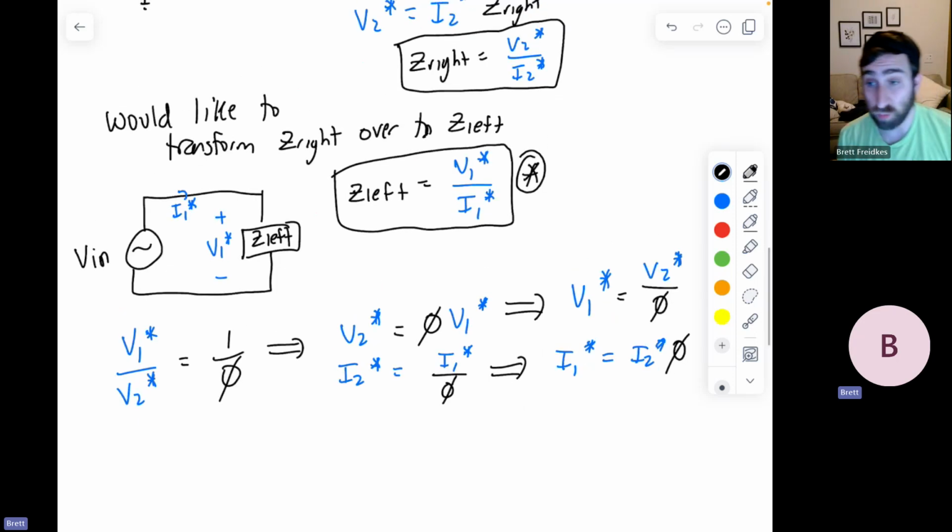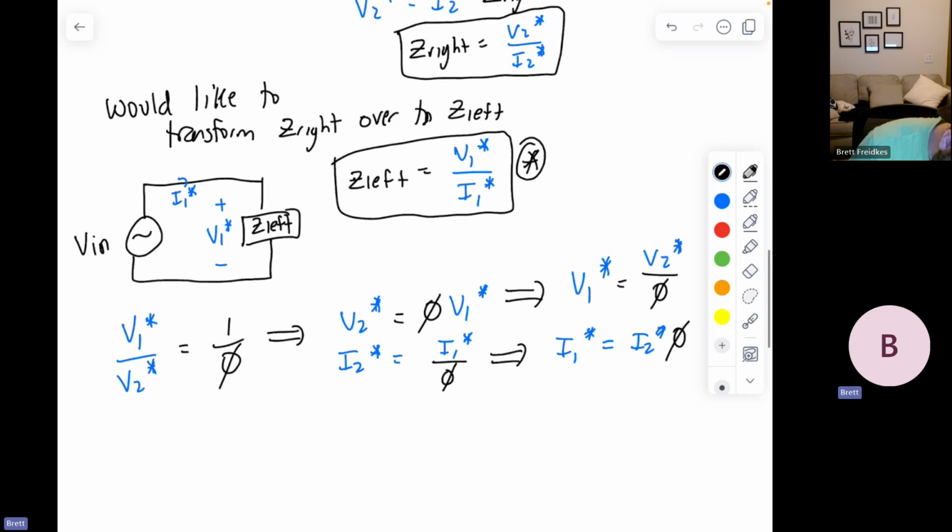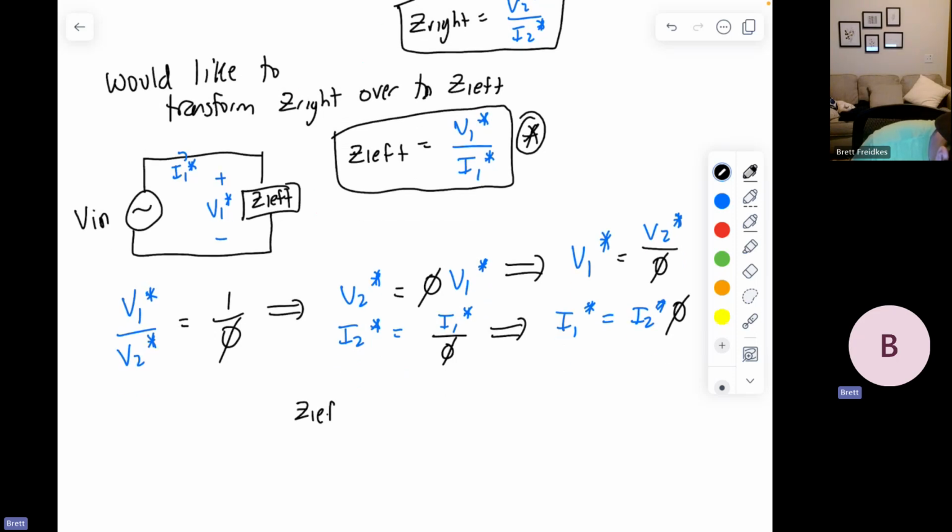So we just found V1 star and I1 star. Let's plug them in to Z left. Z left, we said above, was V1 star, which is V2 star over phi, divided by I1 star, which is I2 star times phi. Now, if we simplify this algebraically, we get V2 star over I2 star times 1 over phi squared.